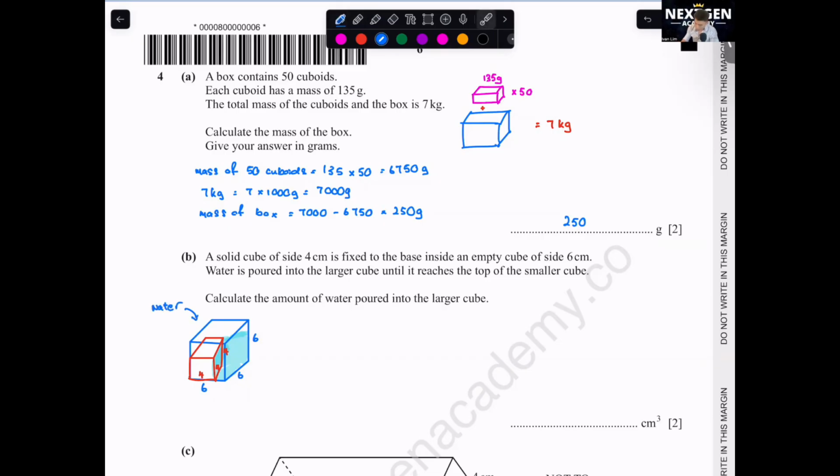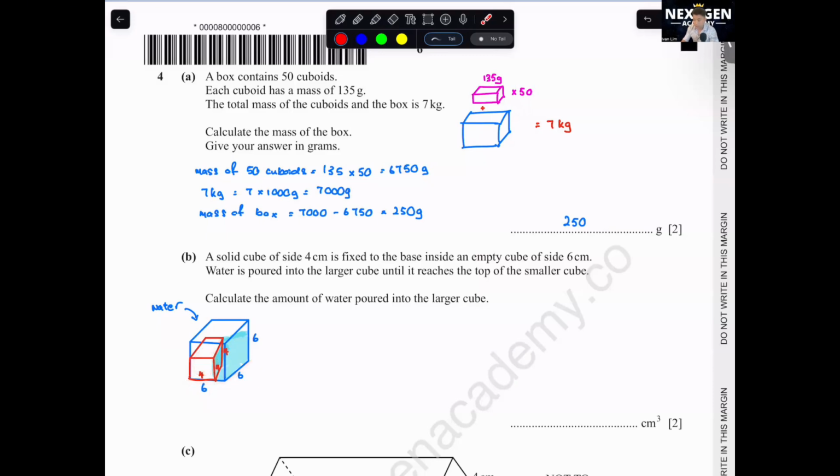So what is the volume? For the big one, it will be 6 times 6 times 4. Let's just assume we don't have this box over here first. It will be 6 times 6, and the height will be up to 4 cm only, because it will follow this small box. Got it?